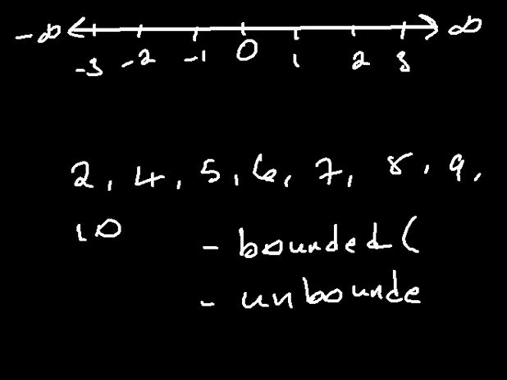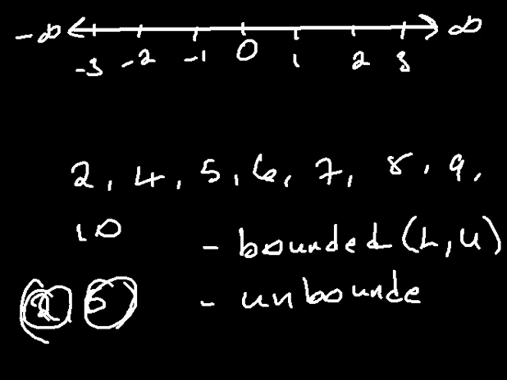They consist of the lower value as well as the upper value. They start from somewhere and end somewhere with a definite number. We can start from, let's say, 2 to 5. This is a bounded interval, since it starts from 2 and ends at 5.